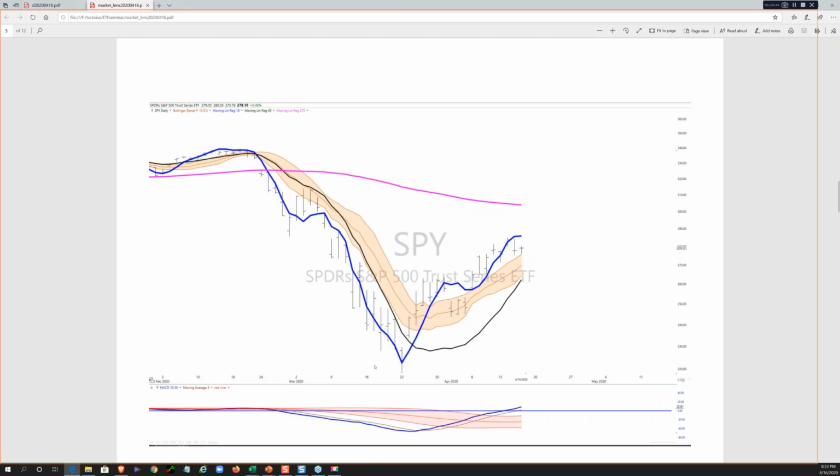The blue line, the RL10, gives me my definition of price. And then the RL270 is the slow regression line in the slow pair. The 10 and 30 are the fast pair, the 90 and the 270 are the slow pair. So the fast is the RL10. That's the fast regression line in the fast pair.